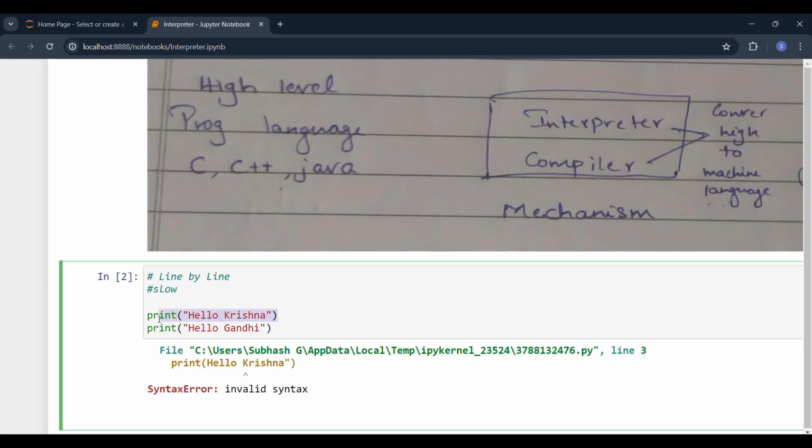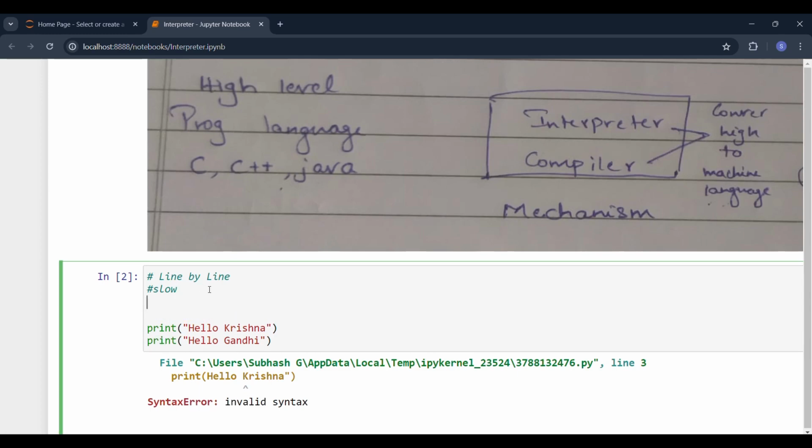And it requires very low memory compared to other languages.